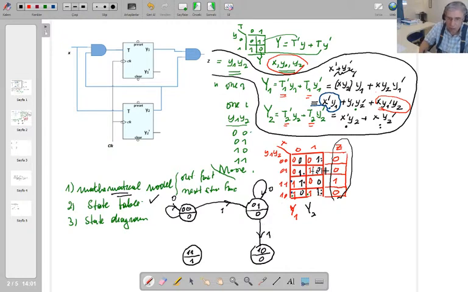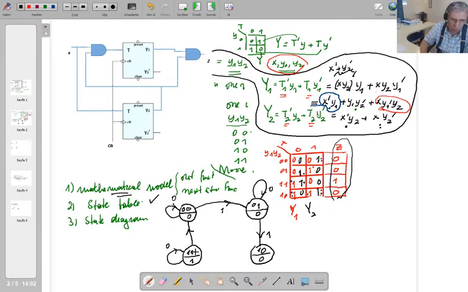So we finished this line as well. Let's come to this line. Your present state is 1, 1. If you apply 0, your next state is 1, 1. So it comes back on itself with 0 input. If the input is 1, you go back to the 0, 0 state. When the x1 is applied, you go back to 0, 0.